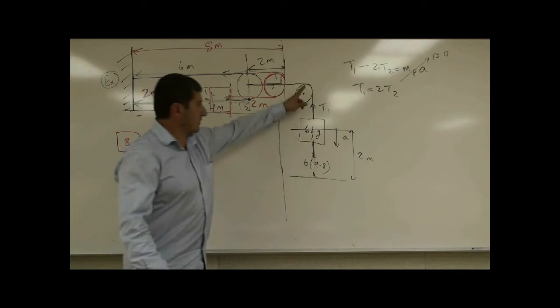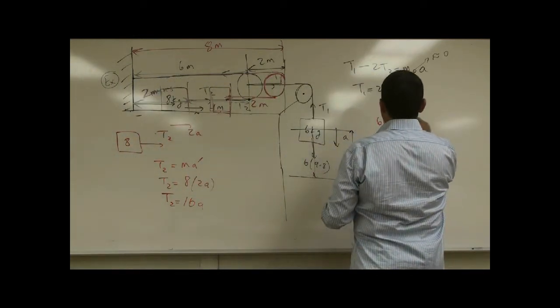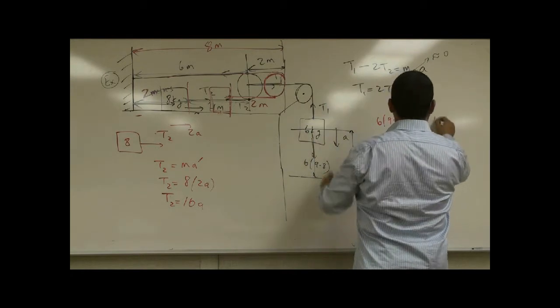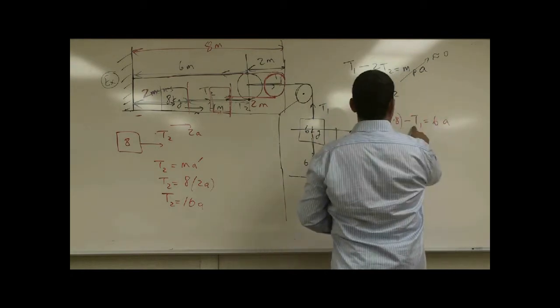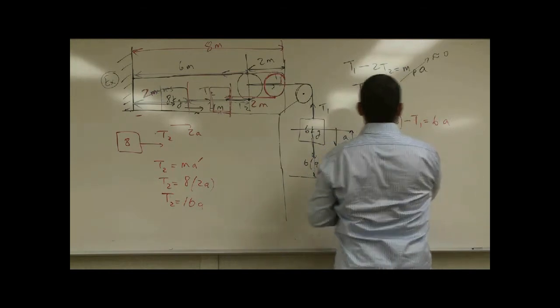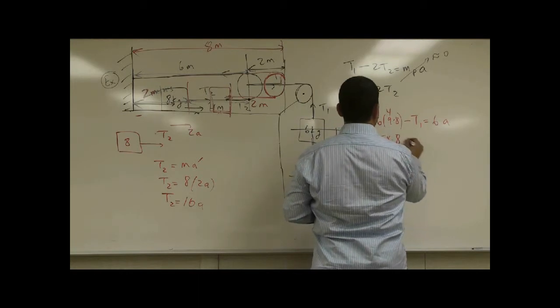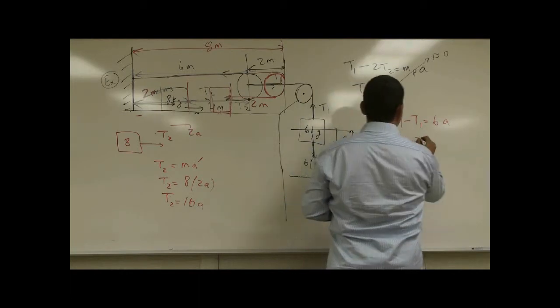Now what are the equations for this guy? We have 6 times 9.8 minus T1 is equal to 6A. T1 is equal to what? 2T2. So we substitute that. 6 times 9.8, 48, 4, 54, 58.8 minus T1 is equal to 2T2.